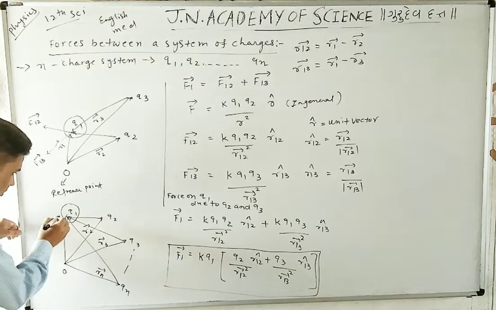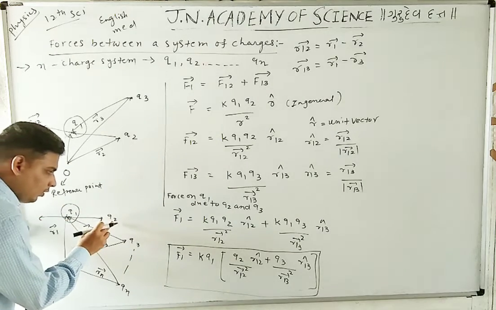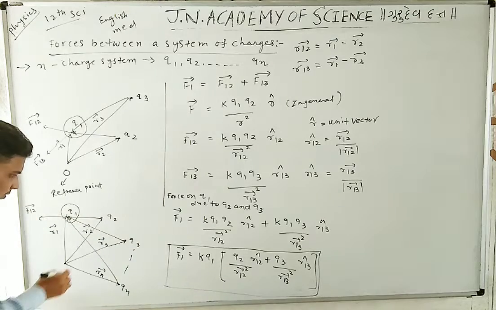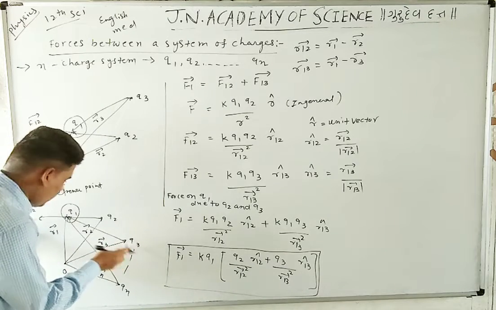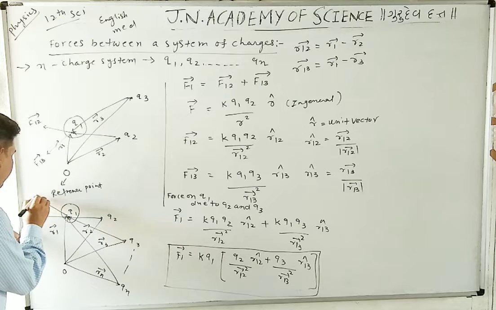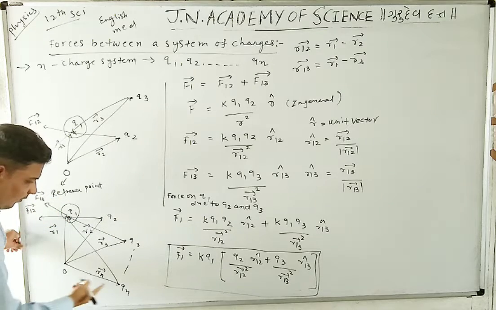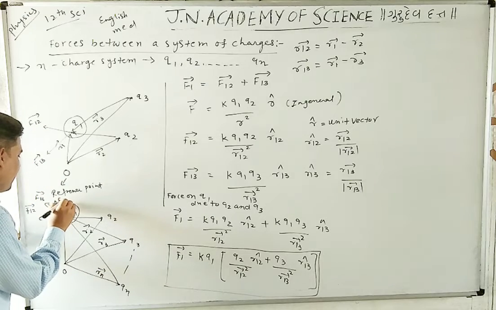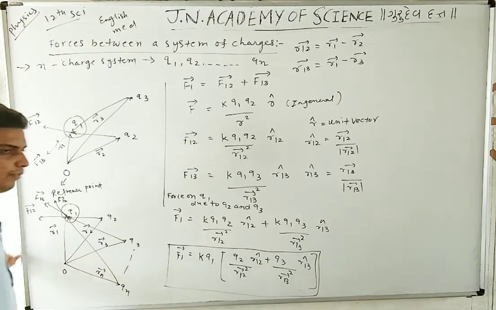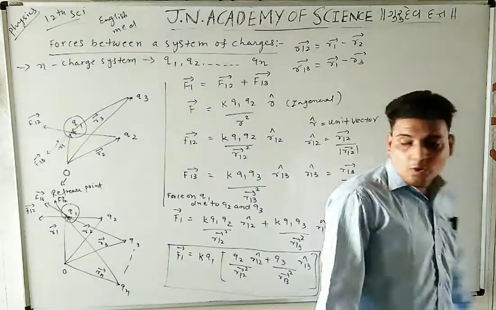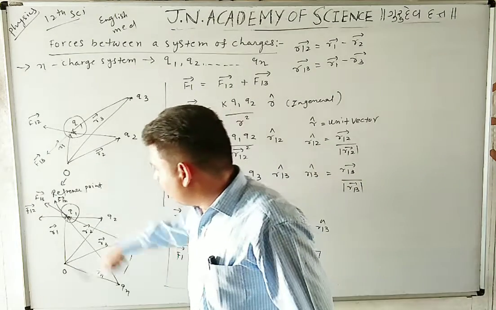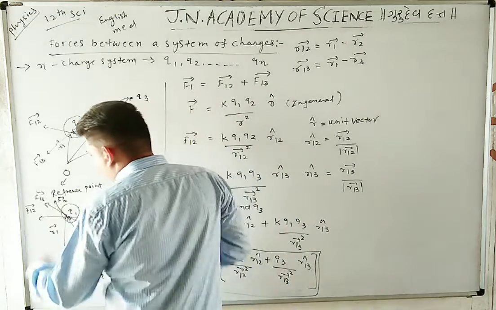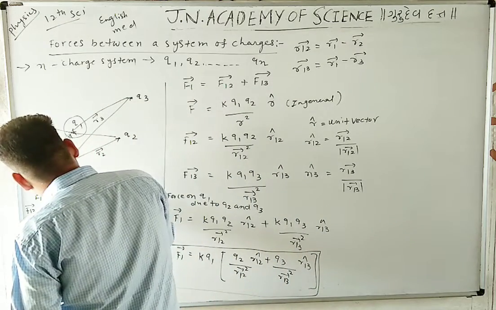So the force due to Q2 on Q1 will be F12. The force due to Q3 on Q1 will be F13. Then the force due to Qn on Q1, if we are considering the last charge, will be F1n. So the total sum of all forces will give you the force on Q1, and that will be F1.